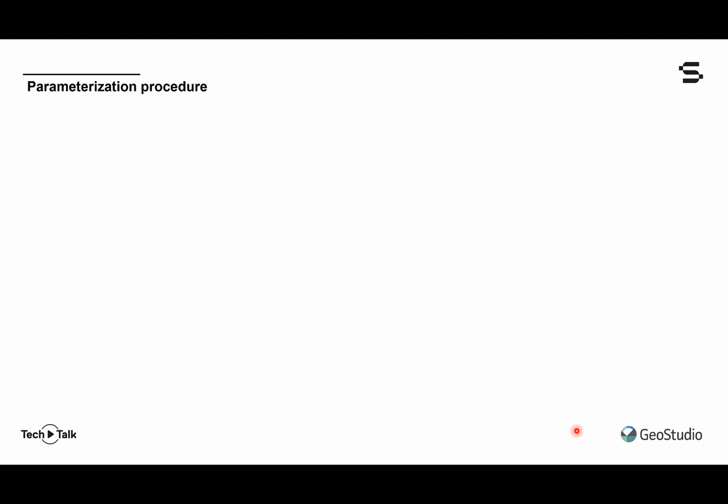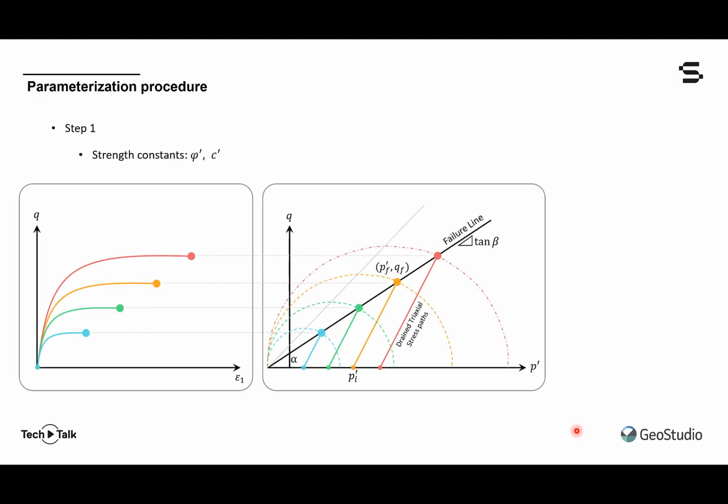We can now discuss a step-by-step parameterization procedure for determining the soft soil model constants from a number of drained triaxial tests. Step 1 involves determination of the effective friction angle and effective cohesion.